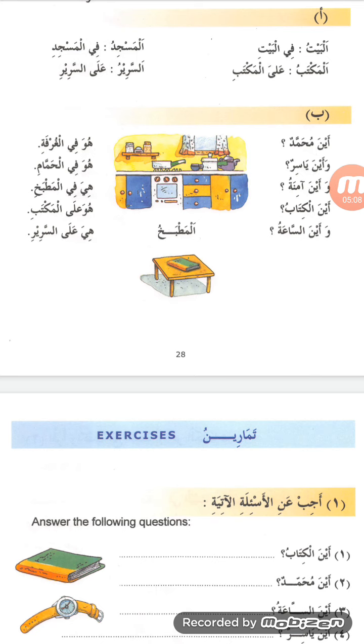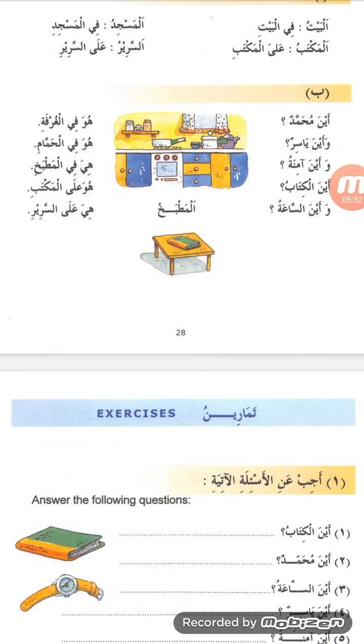Fil bayti, in the house. Fi is a harf, a particle. Al-masjidu, the masjid. Fil masjidi, in the masjid. So due to fi, the final letter of al-masjid, dal, has a kasra.